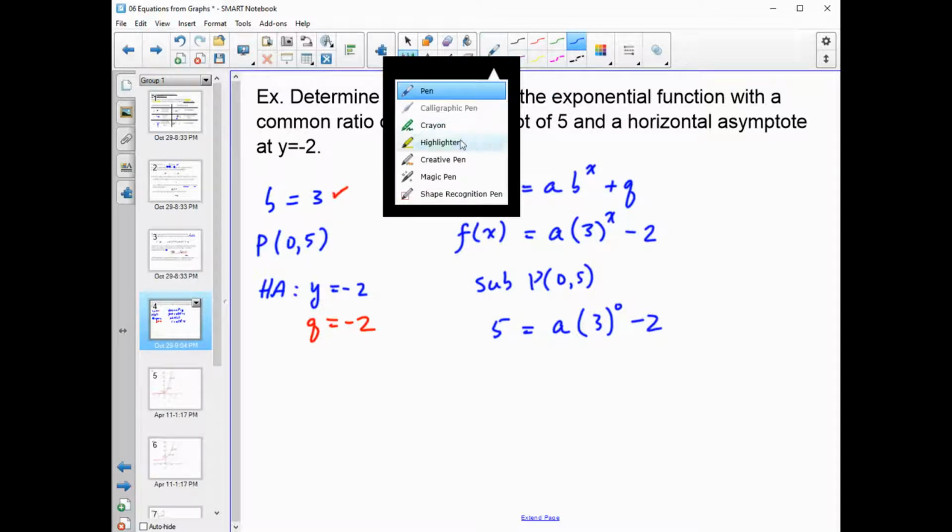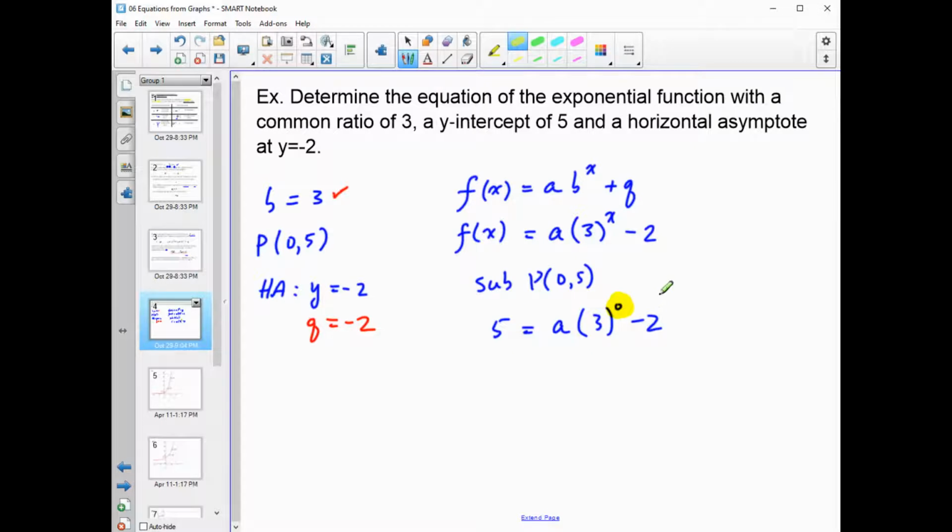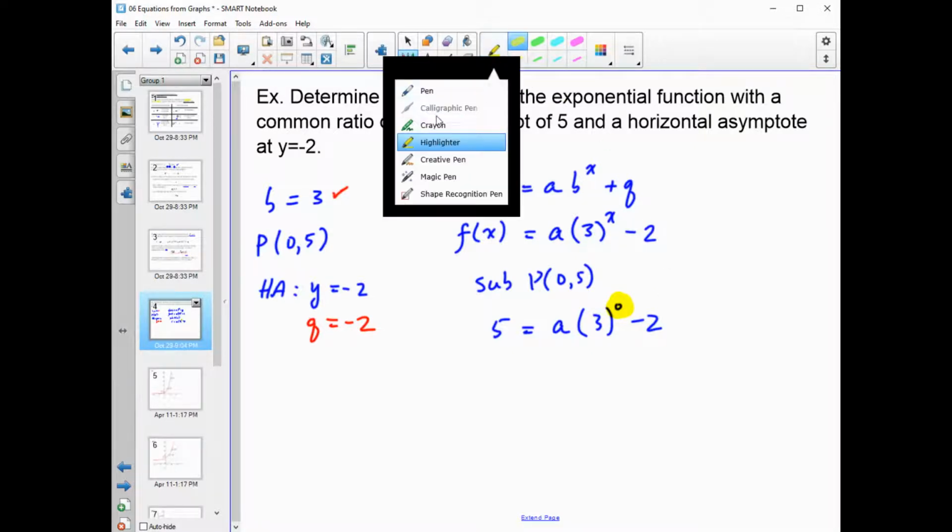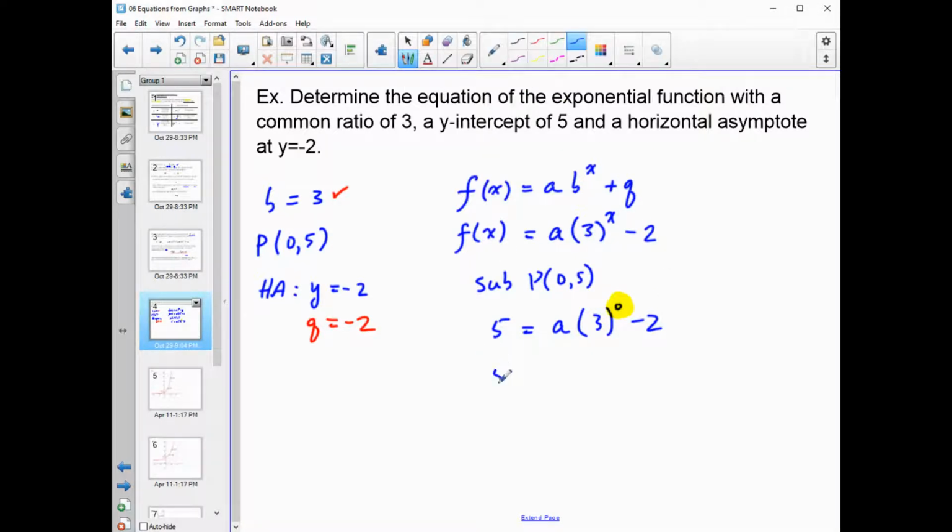And this highlights for you why knowing the y-intercept is so useful, because we know that anything to the 0 is just equal to 1. And so this becomes, I add 2 to both sides, and I end up with a equals 7. So therefore, this exponential function that was described here is 7 times 3 to the x minus 2.